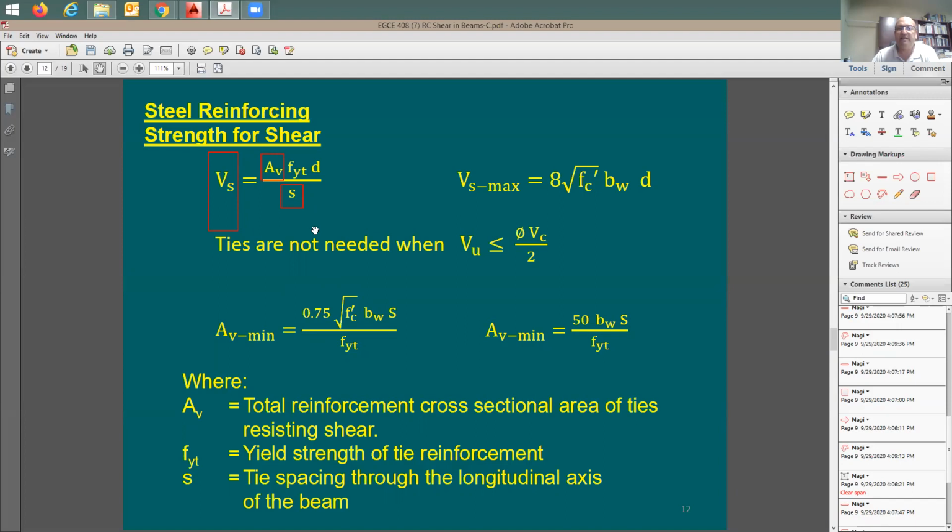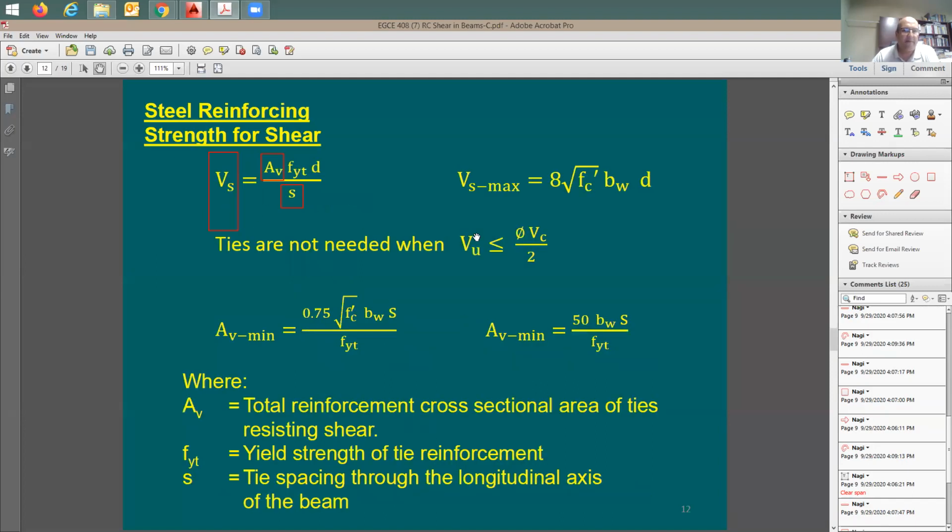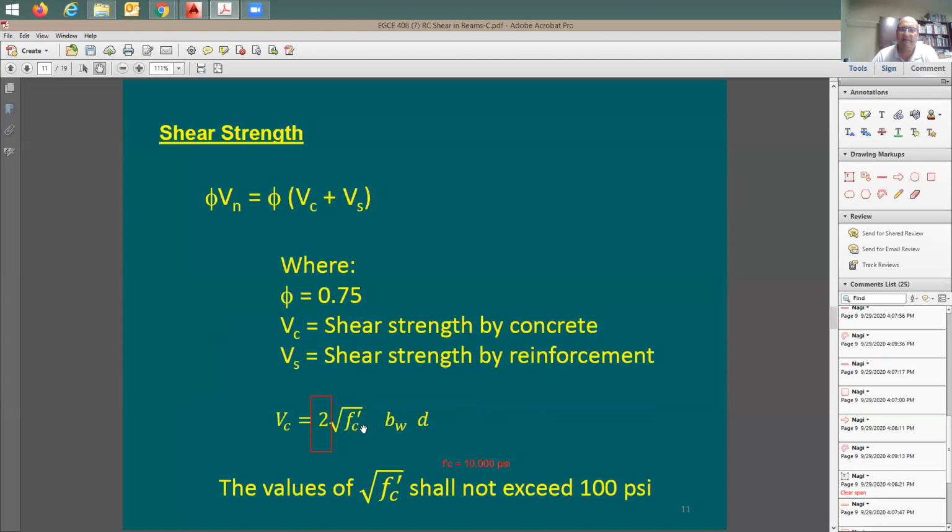So if you add them together, 8 plus 2, you're going to have a total maximum shear stress of 10 square root of f'c. Which means the lowest shear strength for a concrete section with no reinforcement is going to be 2 square root of f'c, of course, times bw times d, which means times the sheared area.